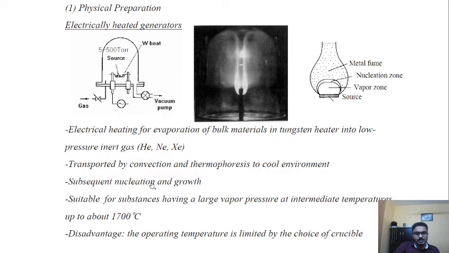And this is suitable for substances having a large vapor pressure at intermediate temperatures up to about 1700 degrees Celsius. There is only one disadvantage of this process, that the operating temperature is limited by the choice of crucible, that is over here at the source.